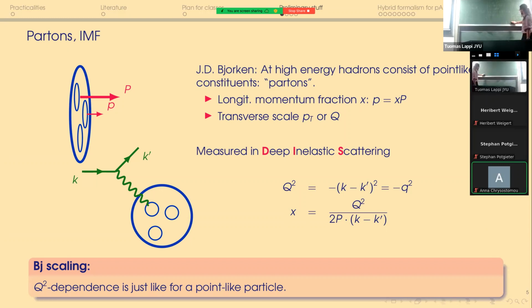So let's work this out. This is because I have a 1 over square root 2 here, and this is dp plus dp minus d squared pT over 2 pi. Oh, and of course I have a 2 pi here.